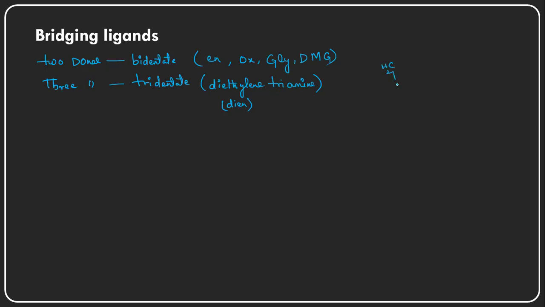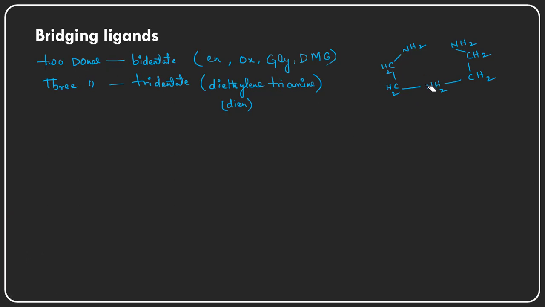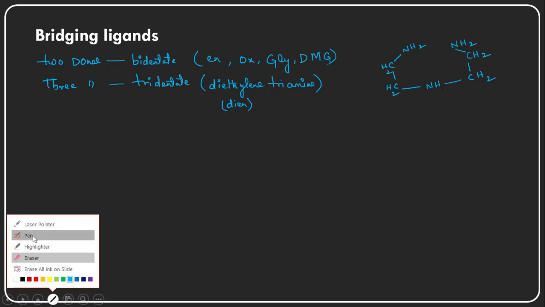And the structure of the molecule is CH2, CH2, with an NH2 connected to NH2, CH2, CH2, and NH2. Sorry, there is only one hydrogen here, it has to balance its valency, right?